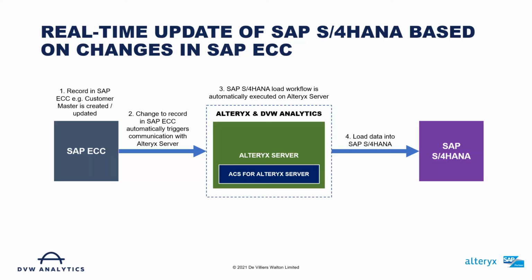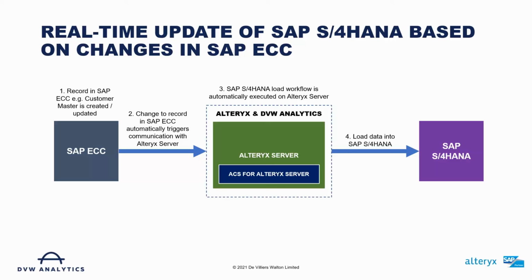In this particular scenario, we're talking about customer master records today. So a customer master record has been created or changed in the SAP ECC system. But we've already done that initial load, so S/4HANA already has some of that data in there.